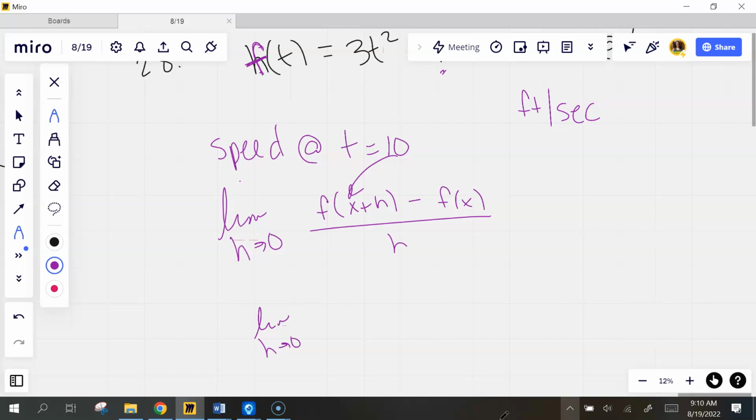Y'all try this one, see if you get it, and then I'll do it with you. The t is x. Sorry, that f and x is just ingrained in my brain.